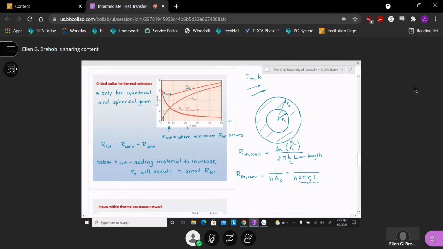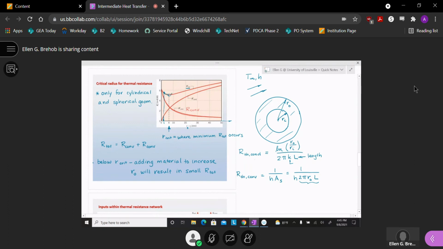And so if I think I would like to reduce my heat loss from a pipe, for example. So let's say I'm sitting here, this r location, and I think, well, I'll make the wall thicker. And that seems like a good plan.